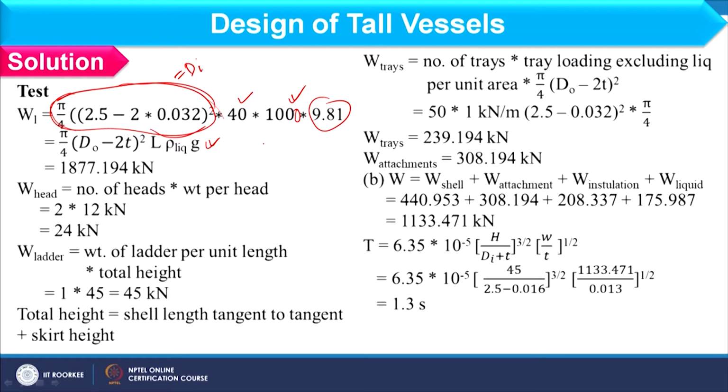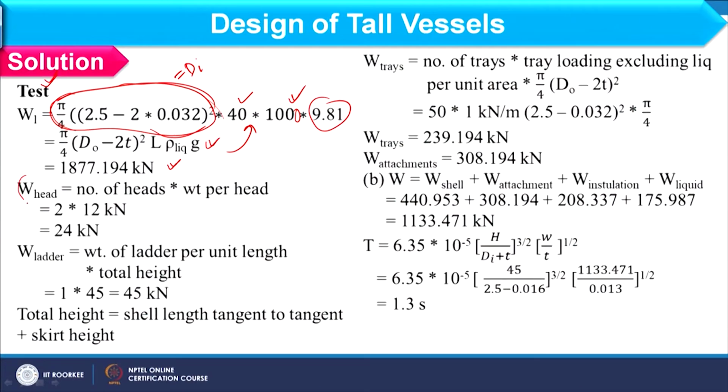This is the expression and before I have put the values. So, 1877.194 kilonewton is the total weight of liquid during test condition. Okay. So, I hope you understand the difference between operating condition and test condition, and along with this we will calculate weight of other parts.